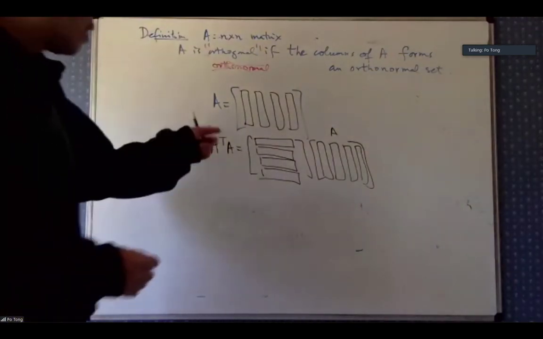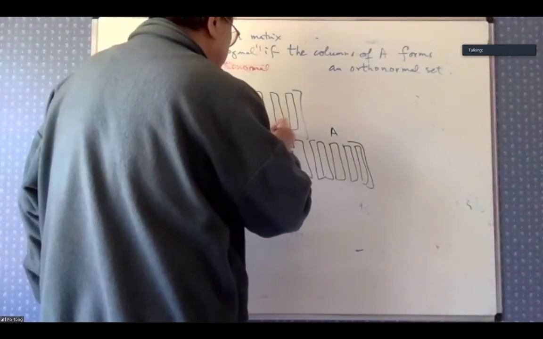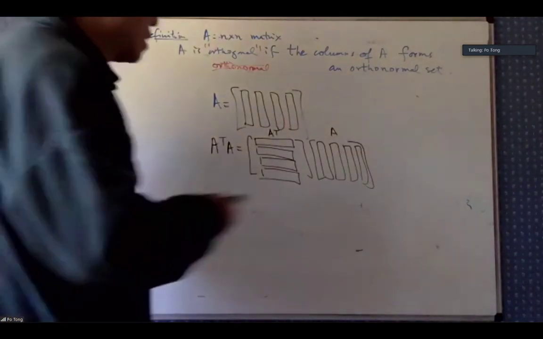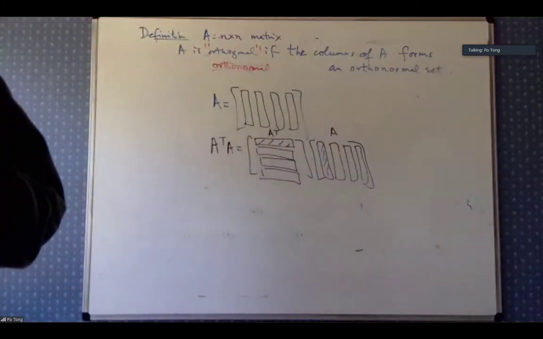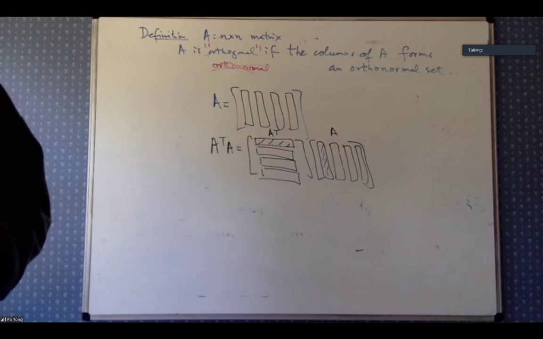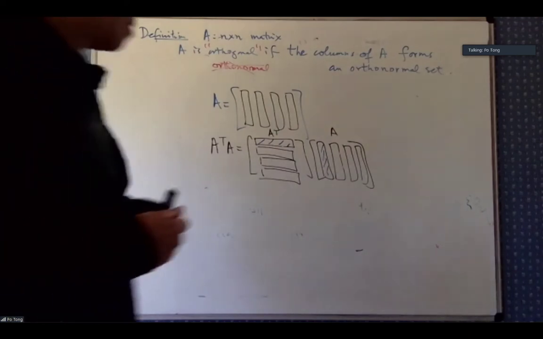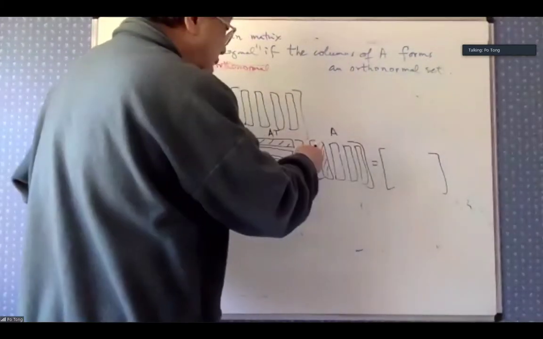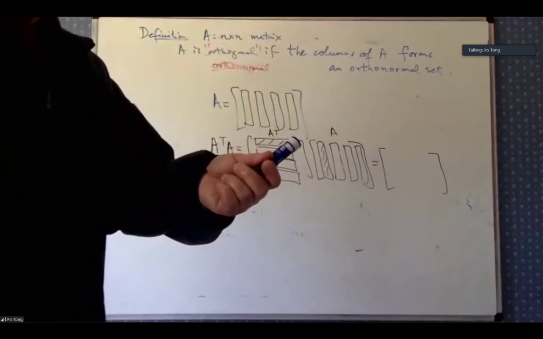Now you need to understand in this picture, over here is A transpose. So this guy is the same as this guy. Can you see that? One is written in column, one is written in row. Yes, I see it. So when you dot these two together, you get the magnitude squared.